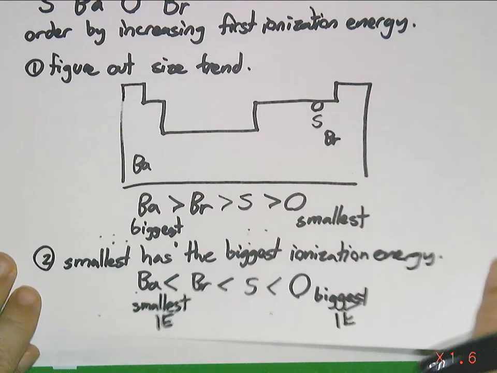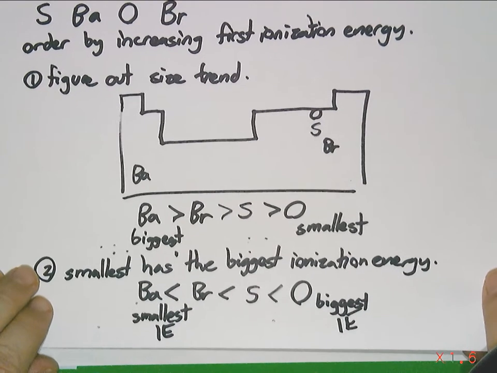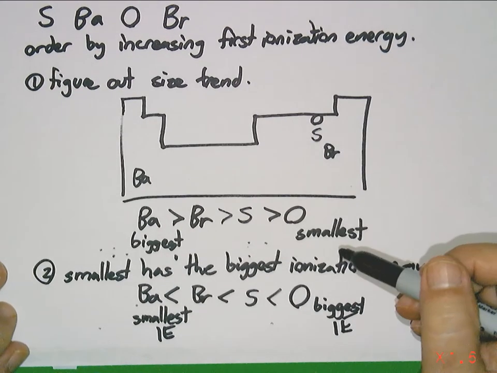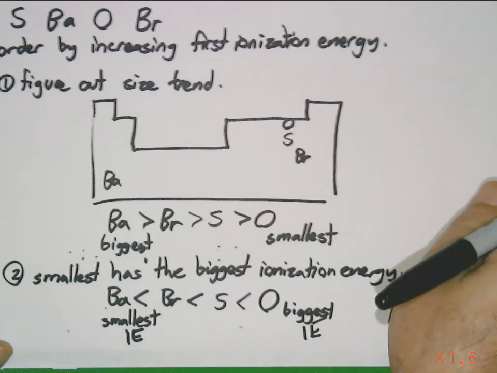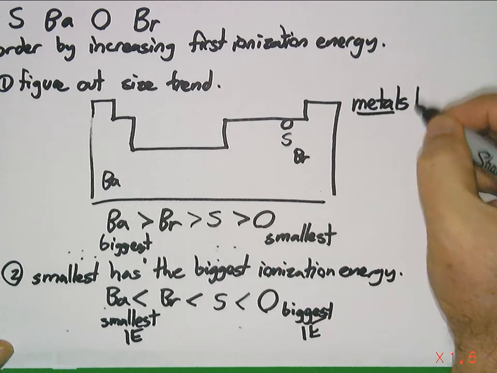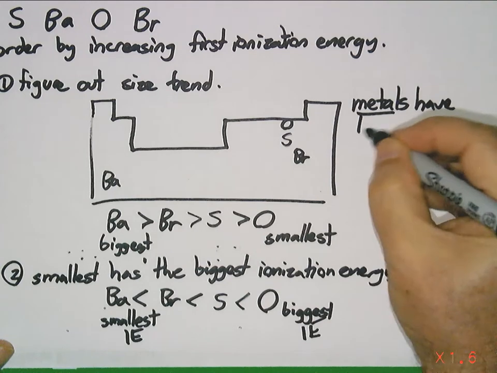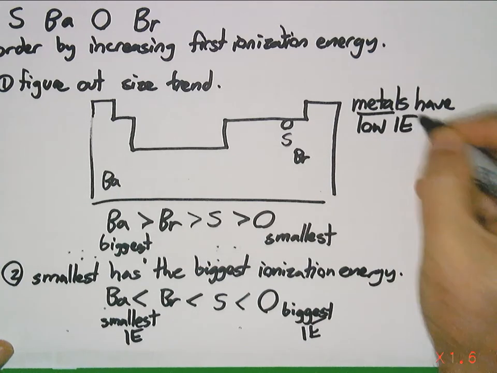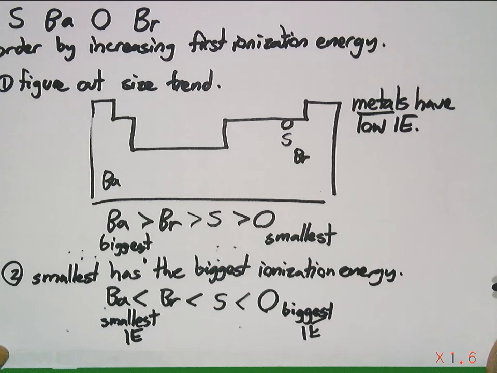I mean, this is not the only thing you want to see with this. What you should notice is that metals have low ionization energy. And that is why they form positive ions. If they have low ionization energy, it's easy to pry their electrons off, their valence electrons off.